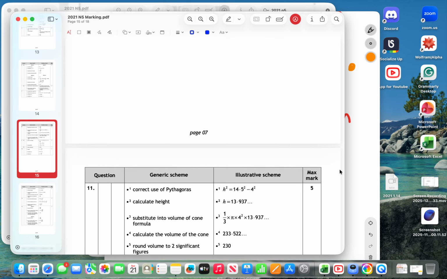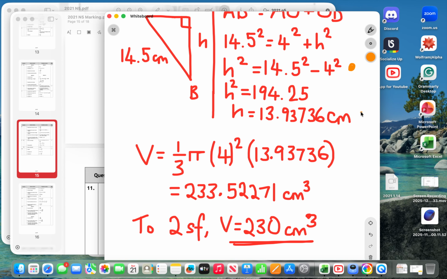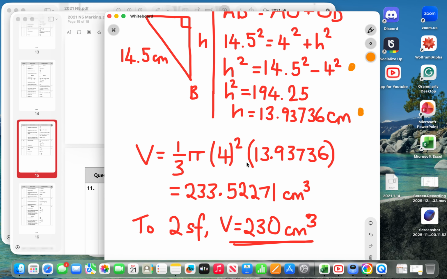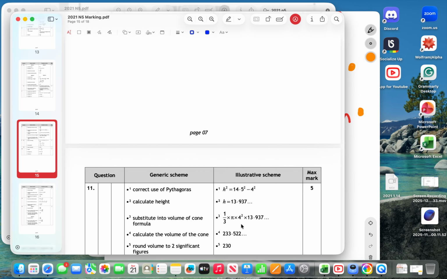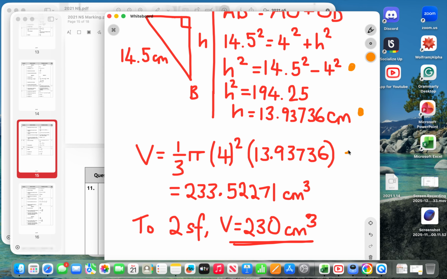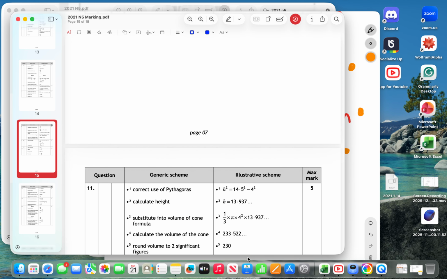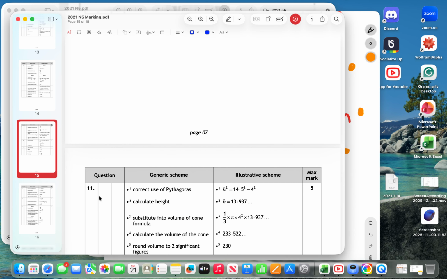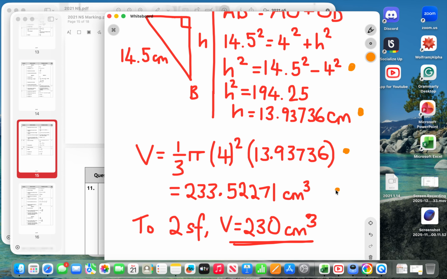The second mark would be for finding the perpendicular height. The volume, well, substituting in to find the volume would be the third mark. Finding the volume would be the fourth mark, and rounding it would be the fifth mark.